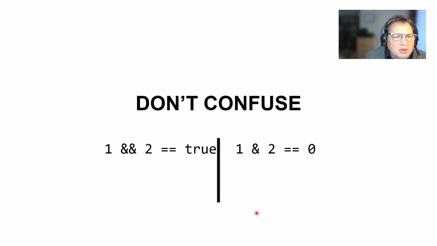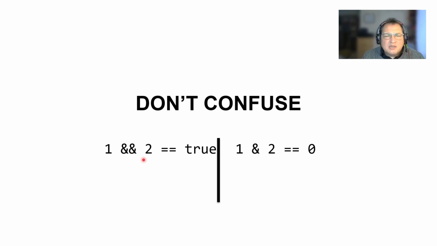in the Boolean universe, 1 and 2 will be understood by the compiler as 2 different representations of the logical true. So this is actually true and true. True and true gives true. So 1 and 2 in terms of Boolean is true.